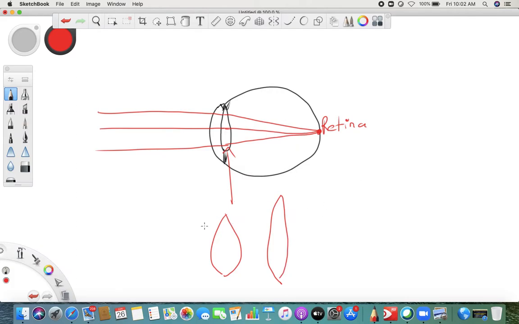In order to see near objects, the lens will become thick. And in order to see far objects, your lens will become thin. I'll show you how exactly. So it can change its shape and the light is focused exactly on the retina. This phenomenon is called the power of accommodation, right?